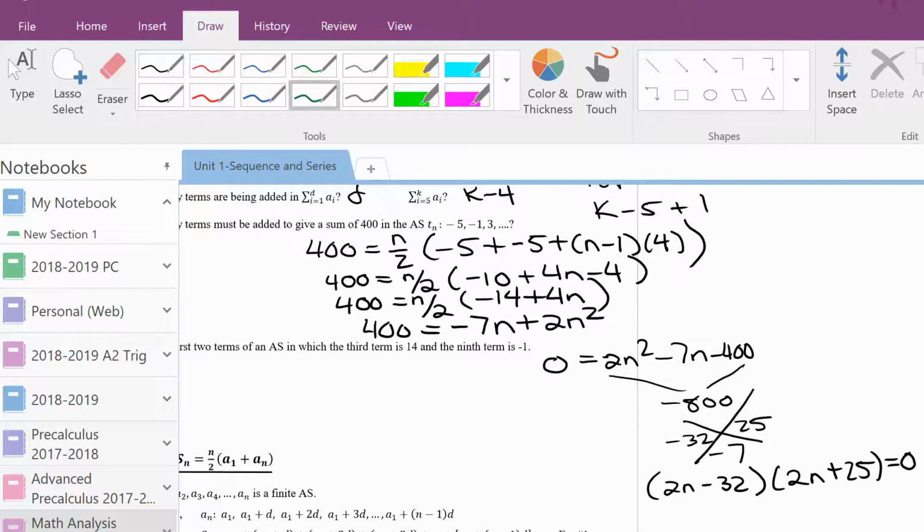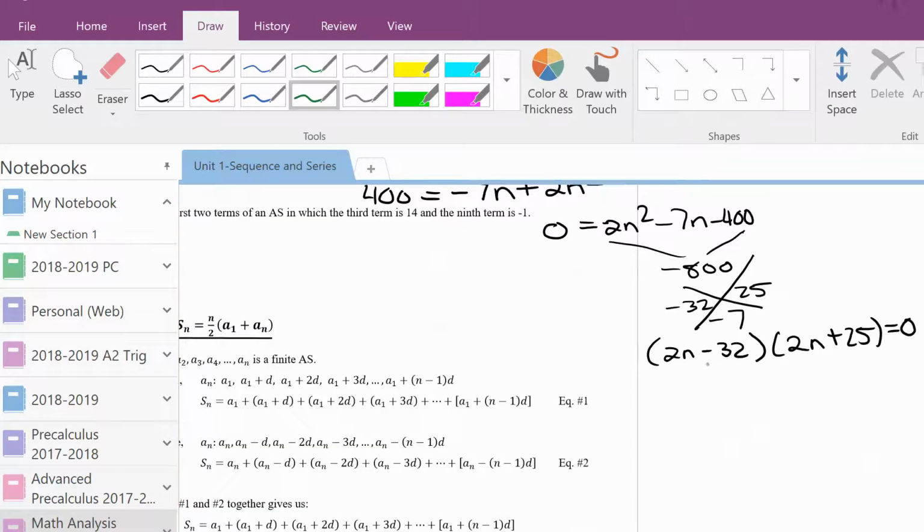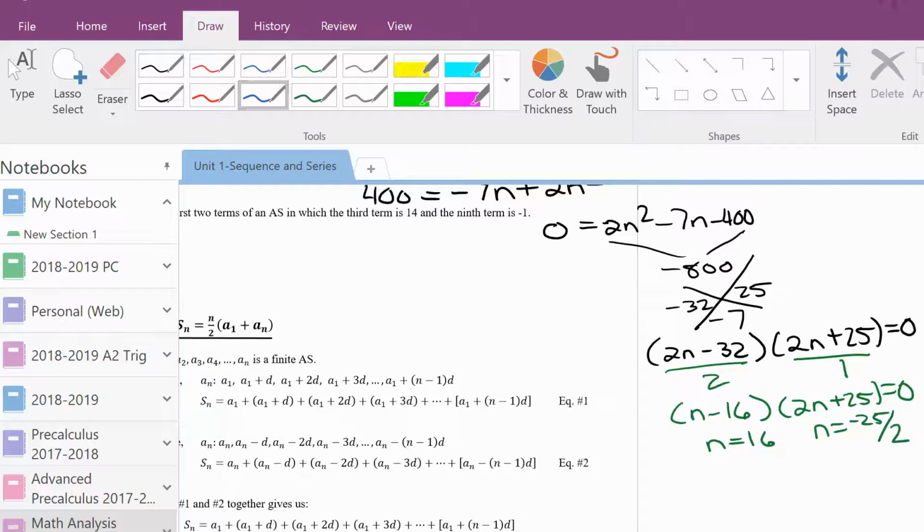And the next rule is that we're going to divide by the common factor in each parenthesis. So here the common factor is 2. Here there isn't one. So then this becomes n minus 16 times 2n plus 25 equals 0. And when you solve, you get n equals 16 and n equals negative 25 halves. Well, notice the term number has to be an integer, and it can't be negative, so negative 25 halves does not work.